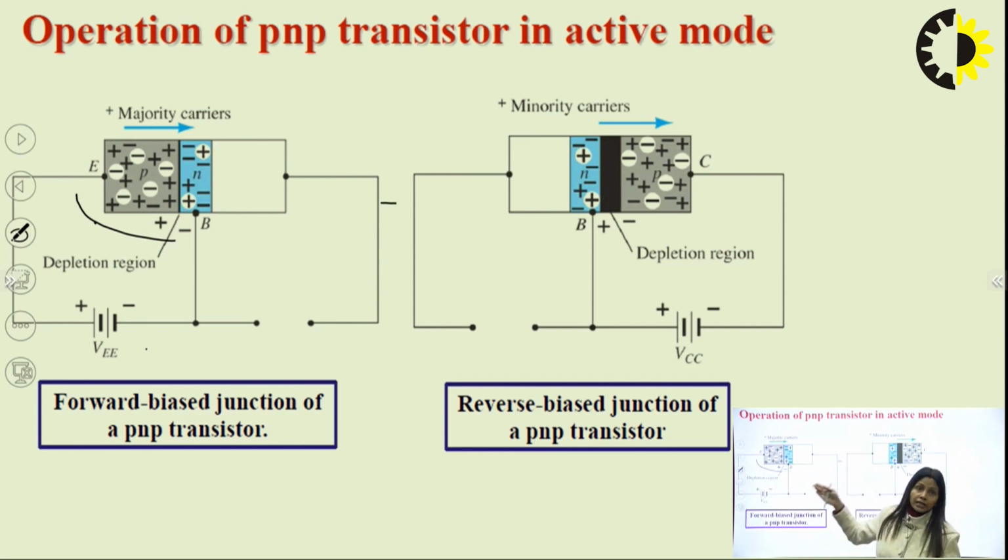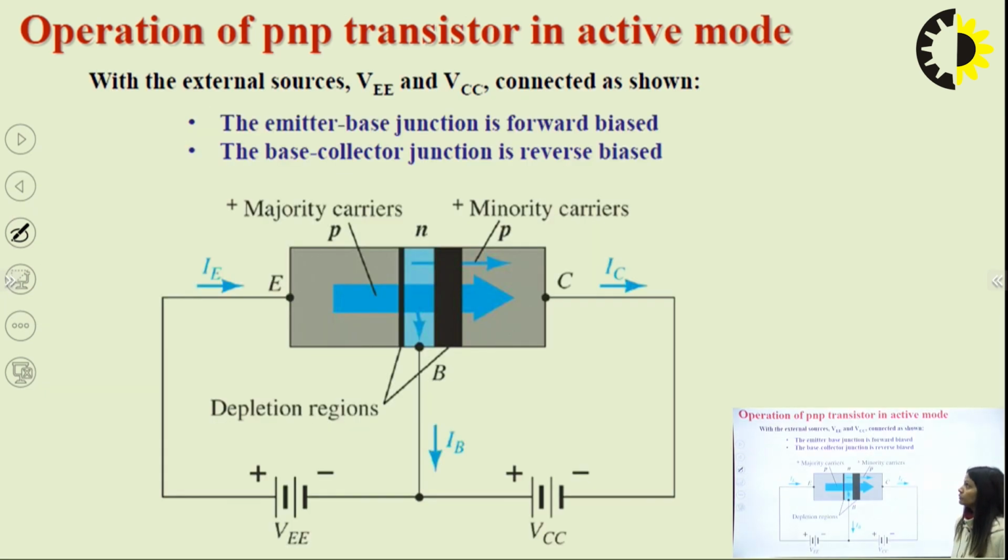So the total current will be the sum of the flow of majority carriers towards the collector and the minority carriers towards the emitter. Both currents exist and they sum to make the total emitter current. So the forward biased junction and reverse biased junction of the PNP transistor have been shown.